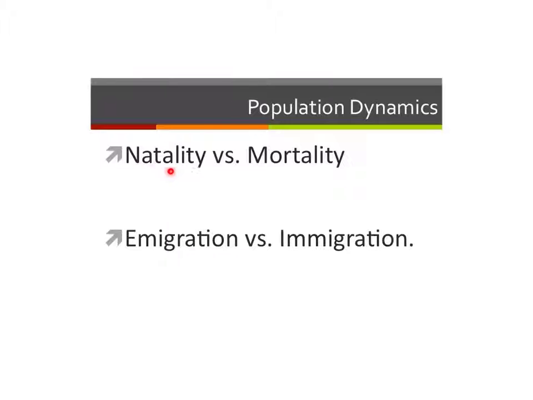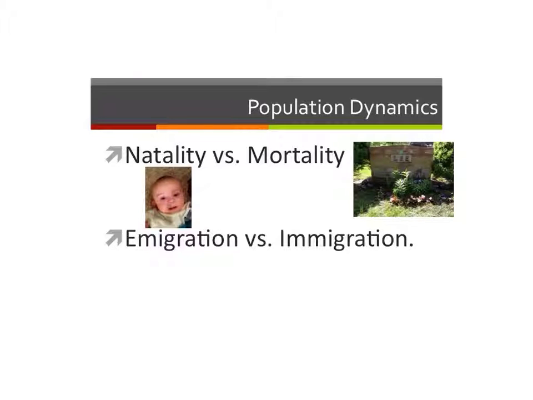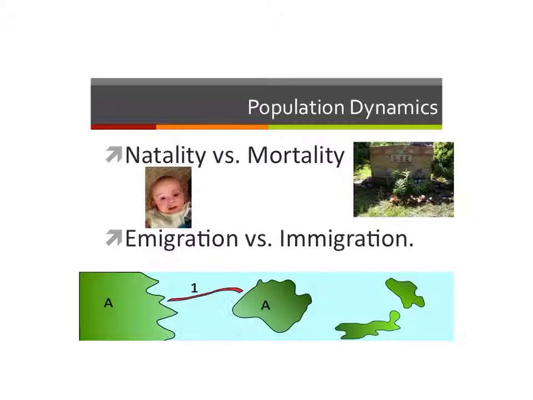The natality, or birth rate, refers to how often individuals are being born into the population, whereas the mortality rate refers to the death rate, how often individuals are dying in the population.